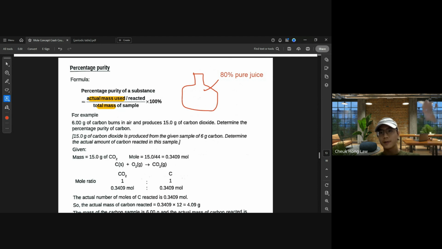Which means out of the 100% of orange juice, 80% of it is pure orange juice. The other 20% is probably water, food coloring, or other additional stuff. In chemistry, we know this as impurities. And then the pure juice will be the useful substance, or the actual amount used.